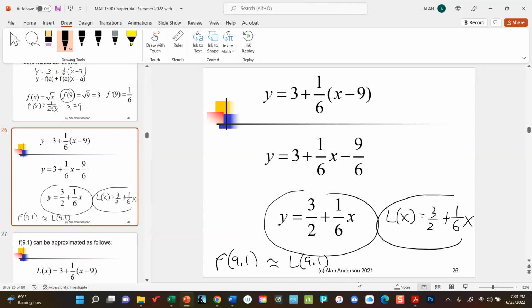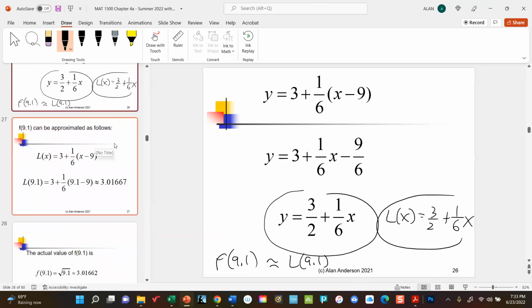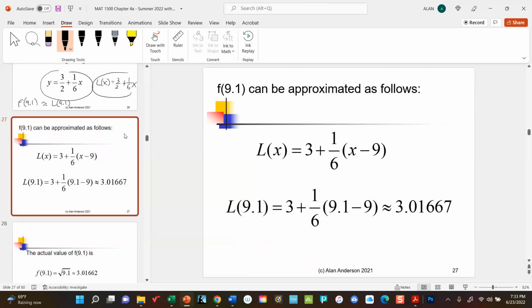Whatever that number is, it's what you're going to get by using the tangent line to estimate the function at 9.1. All right, so when you plug that in, you can see that it is about 3.01667. Okay, so that's the value you'll get by using that tangent line.